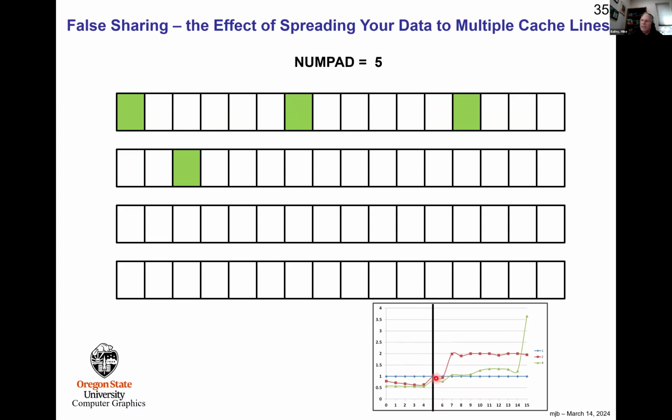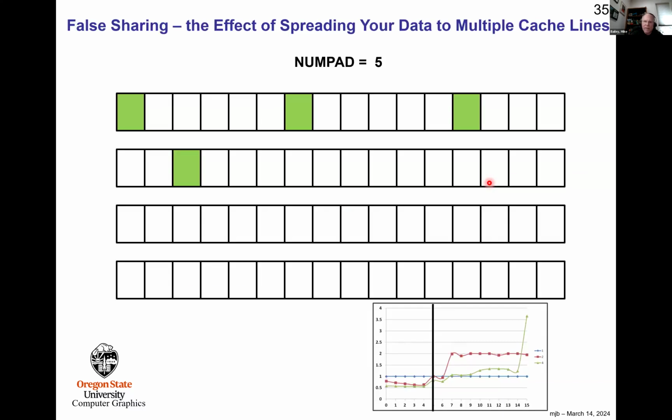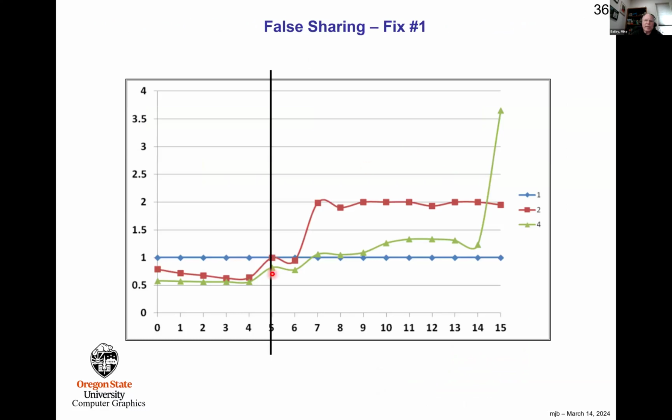And now look what's happened here. What's happened there is that our performance has suddenly gotten better, right? Both the 2-thread and the 4-thread curves have bumped up. They're still no better than no threading at all, one core, but they've bumped up from what they were.